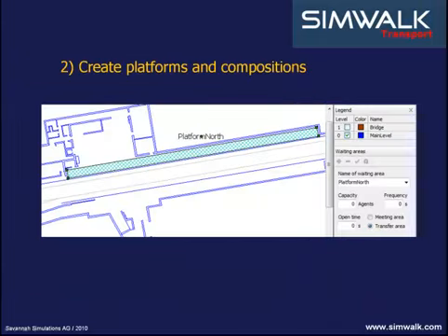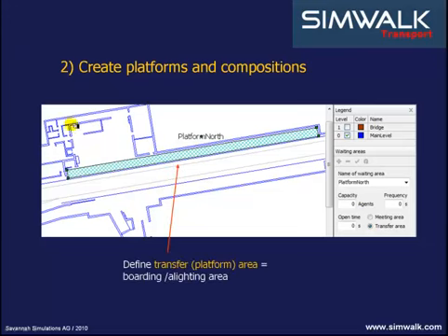We have now created transport vehicles and we are now ready to approach the second step, that consists in creating platforms and compositions. You see here a platform area, or a so-called transfer area in SimWalk, which is the location where the passengers naturally board and alight.